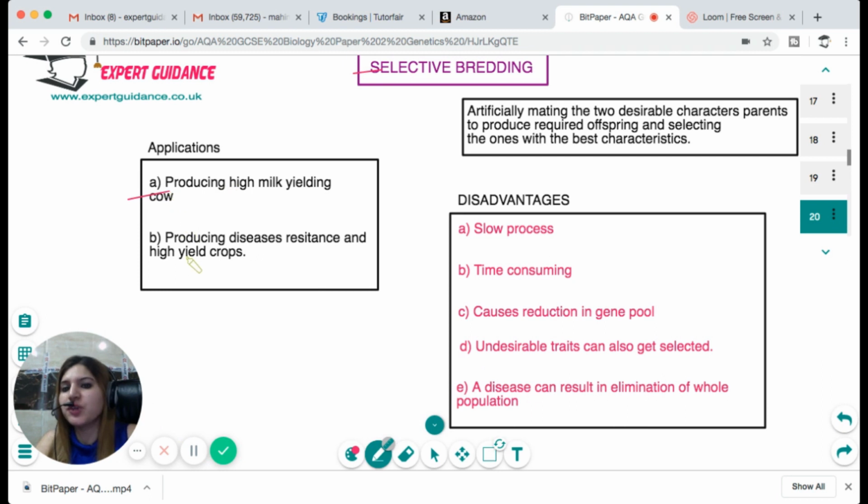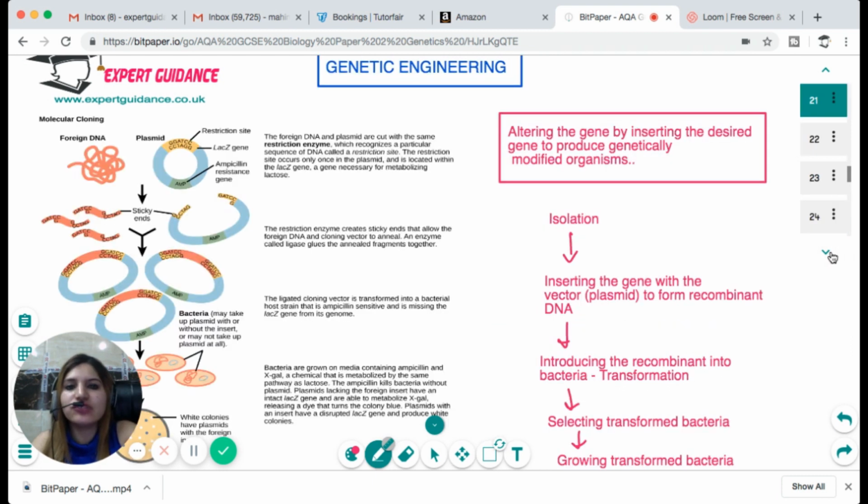We can produce disease resistant high yield crops. Now, this is a slow, time consuming process and causes reduction in the gene pool. Undesirable traits can also get selected, and if a disease happens, it can result in the elimination of the entire population. So selective breeding is harmful in this case, in that it reduces the gene pool.